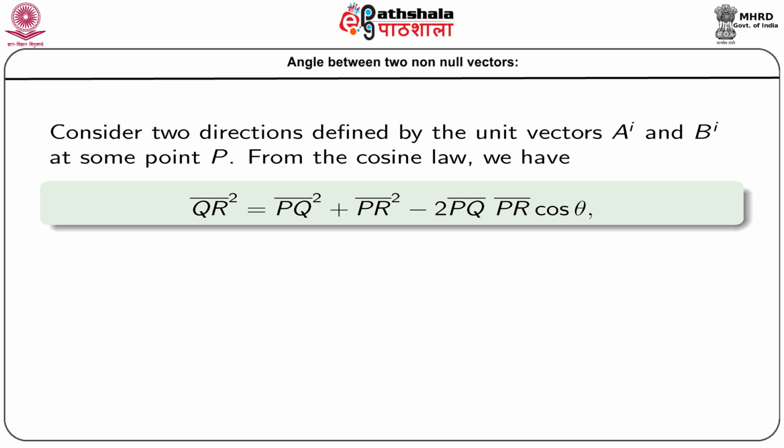Now, consider two directions defined by the unit vectors a^i and b^i at some point P. Since the space under consideration is now Euclidean, the cosine law following from the formula of Pythagoras gives QR² = PQ² + PR² − 2 PQ PR cos θ.